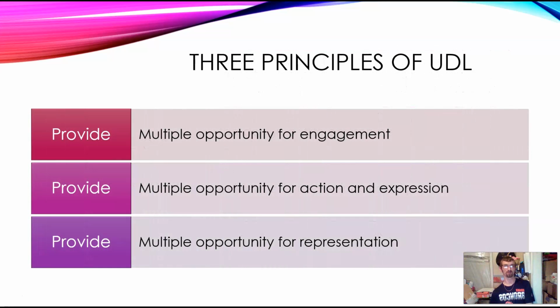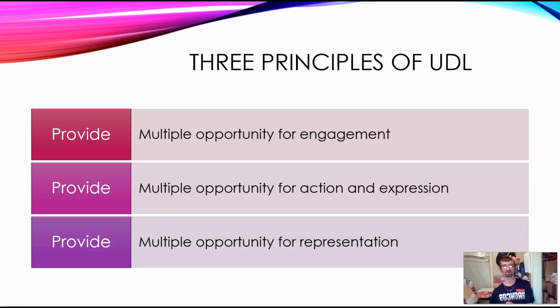So there are three principles of the universal design for learning: to provide multiple opportunities for engagement, to provide multiple opportunities for action and expression, and to provide multiple opportunities for representation.